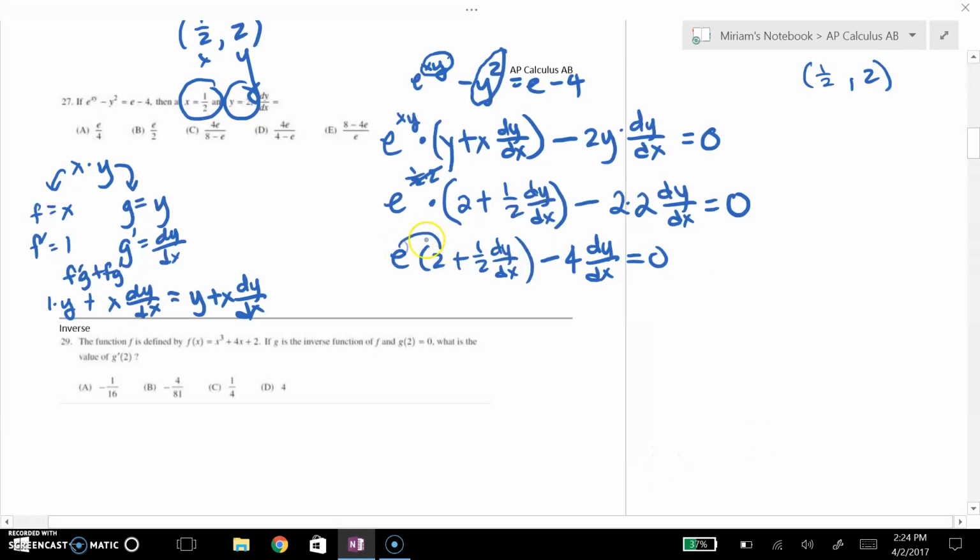I can distribute the e. Okay, I can subtract 2e from both sides.